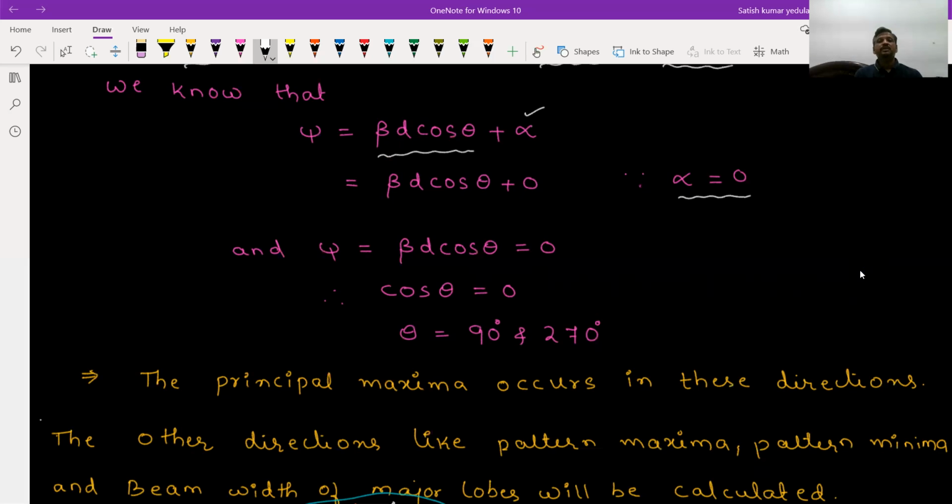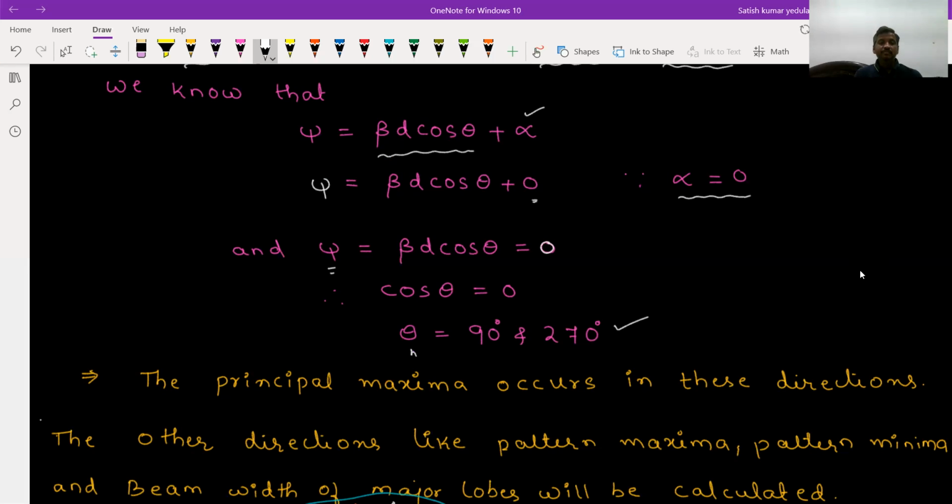So alpha is equal to 0 and psi is equal to beta d cos theta. But we are also considering psi equal to 0 here, so psi equals beta d cos theta equals 0. Then cos theta equals 0 by beta d, so cos theta is equal to 0. Then theta will be cos inverse of 0, which is absolutely 90 degrees and 270 degrees.